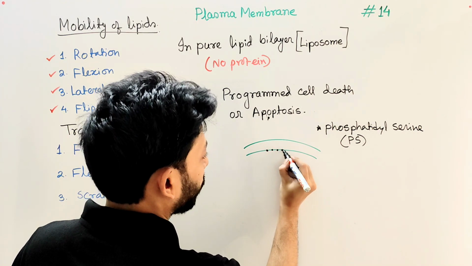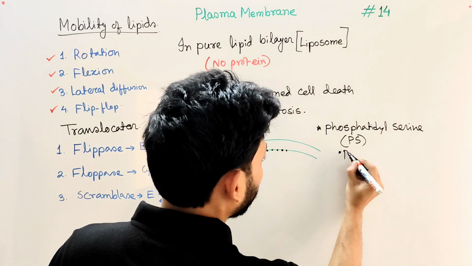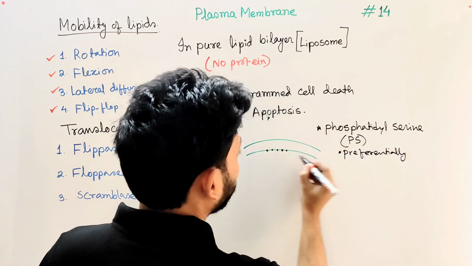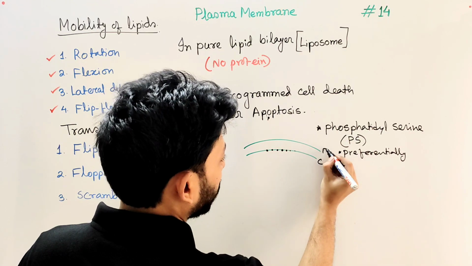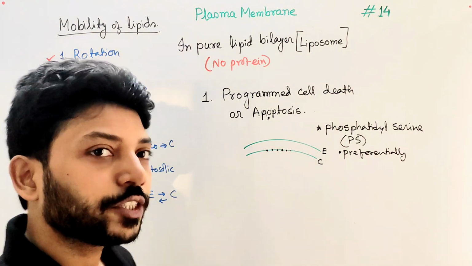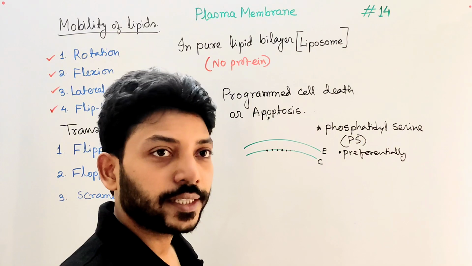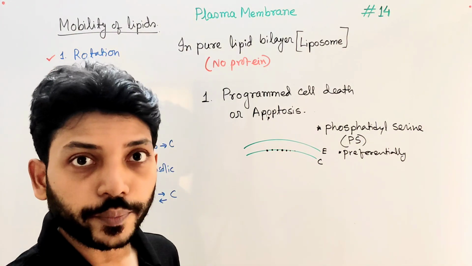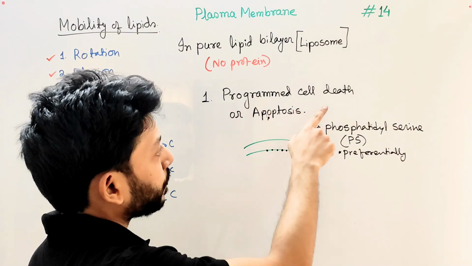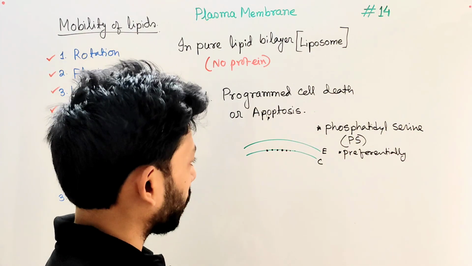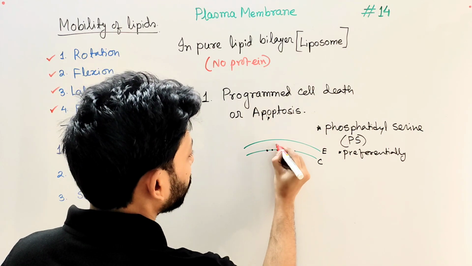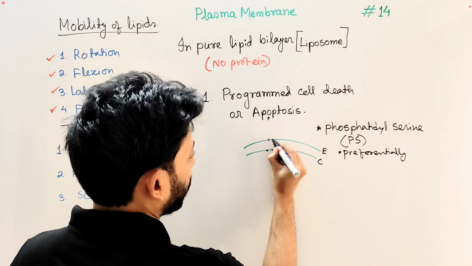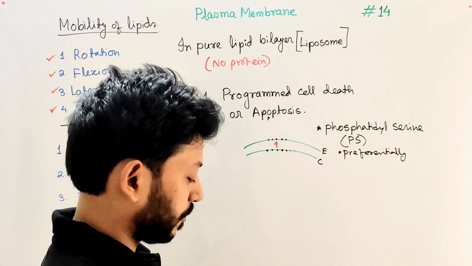These lipid molecules are preferentially, remember this term, preferentially located in the cytosolic leaflet, not in the exoplasmic leaflet, in the natural situation. Now, during programmed cell death or apoptosis, they migrate from the cytosolic leaflet to the exoplasmic leaflet.